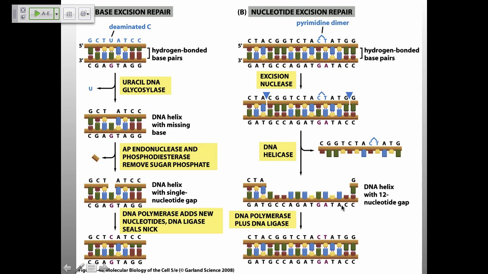This is clearly also a pretty inefficient process because when you have one base change or one small-ish change, again with the mismatch repair, or here with nucleotide excision repair, they're big changes. You have to repair above 10 nucleotides. If you think about each of those requires nucleotide triphosphate hydrolysis, it's a pretty inefficient process.